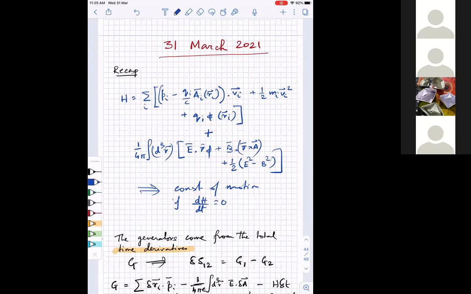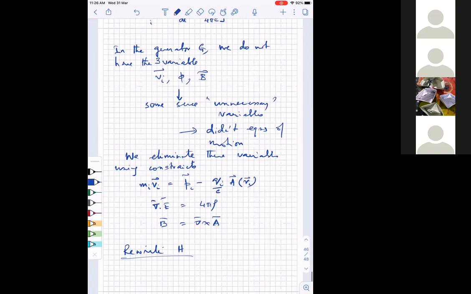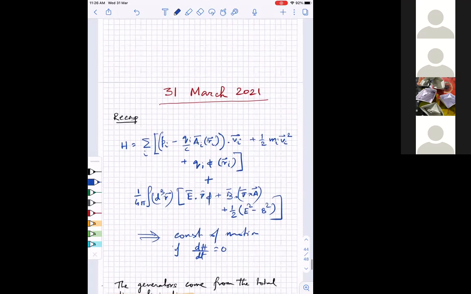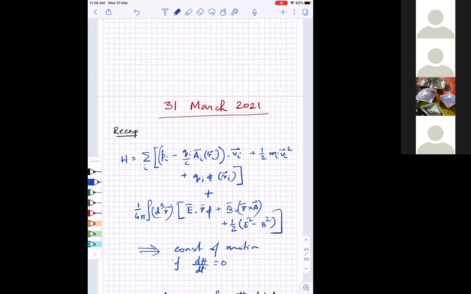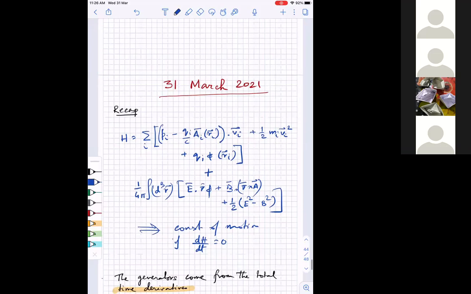I want to get rid of the V, the phi and the B. I want to manipulate those three things. In the first part, I'm going to put some of this constraint. In the second part, I'm going to put some of this constraint and try to make this equation slightly less cumbersome than the original equation. So I'm going to simplify this equation.